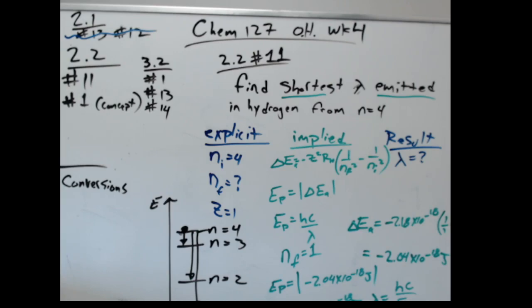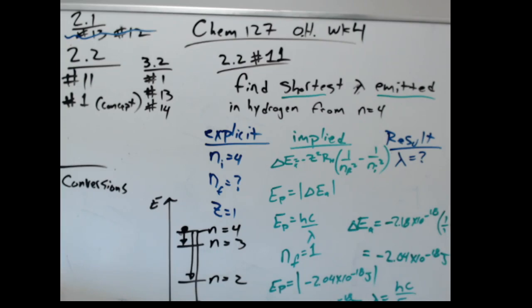It's recognizing how shortest relates to the problem and that deeper contextual meaning of it. Without realizing that shortest emitted gave us n final, the problem's impossible. That was really the key part of the problem, realizing there's this relationship because we know the behavior of a hydrogen atom and its quantized energy levels.